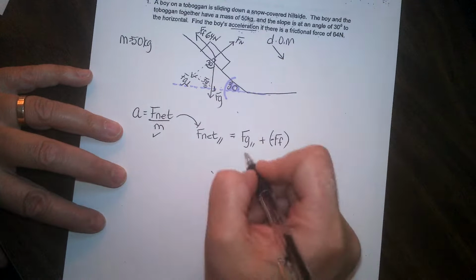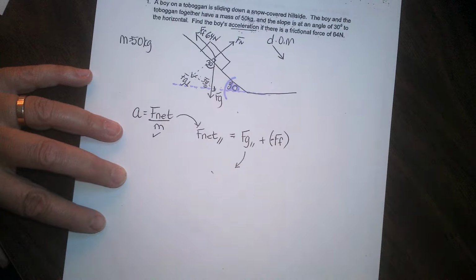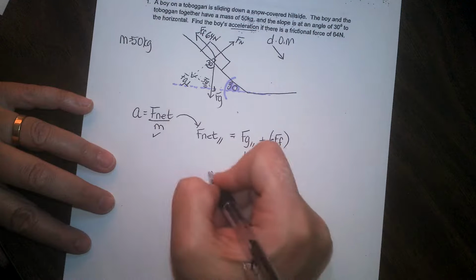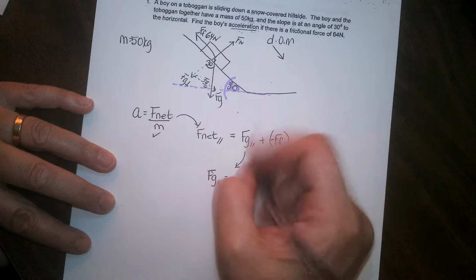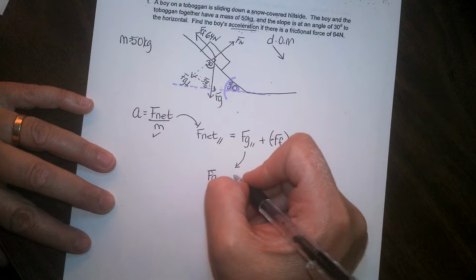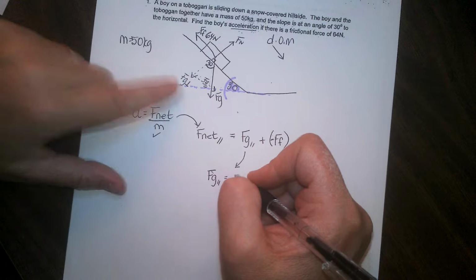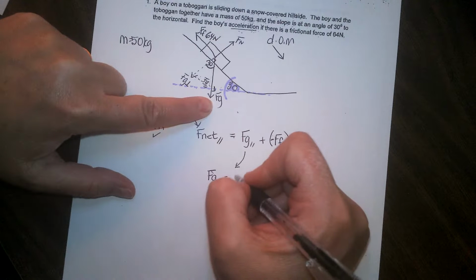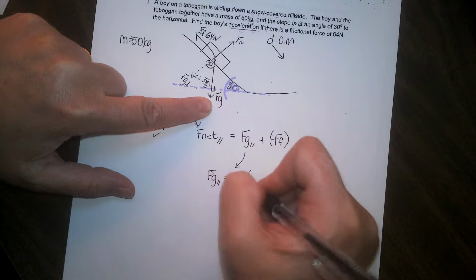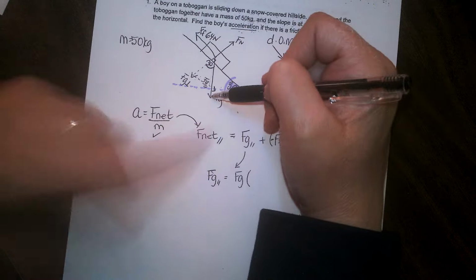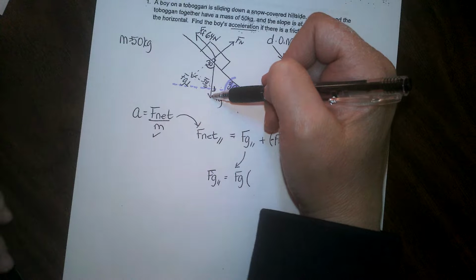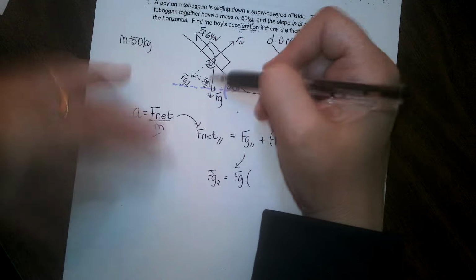Well, do we have force of gravity parallel? Nope. Can we find force of gravity parallel? We can. Force of gravity parallel is going to use some trig. It's going to be the force of gravity times, if this is my hypotenuse, because all I've done is turn my triangle up and down.